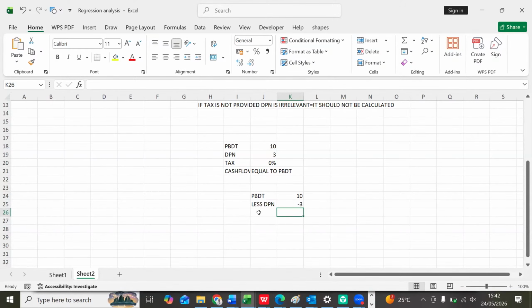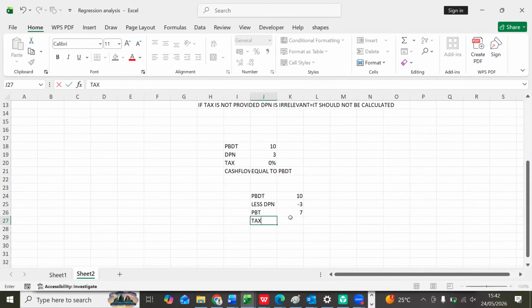Then I will be able to get what we call PBT. So for PBT, I will come and add the 2. I'm adding because already this is negative, it's a cash outflow. So I'll come here and add the 2, so all equals 7. Once I have PBT, I will now come and share this with the taxman.